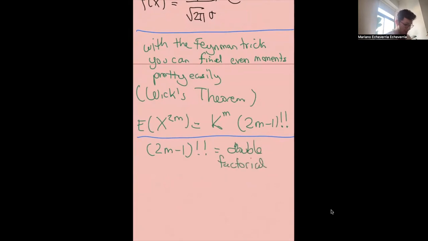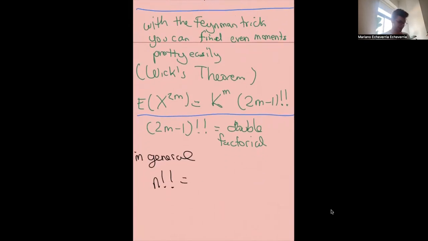In general, n double factorial is just the product of the positive numbers up to n with the same parity as n. I'm about to give you some examples.